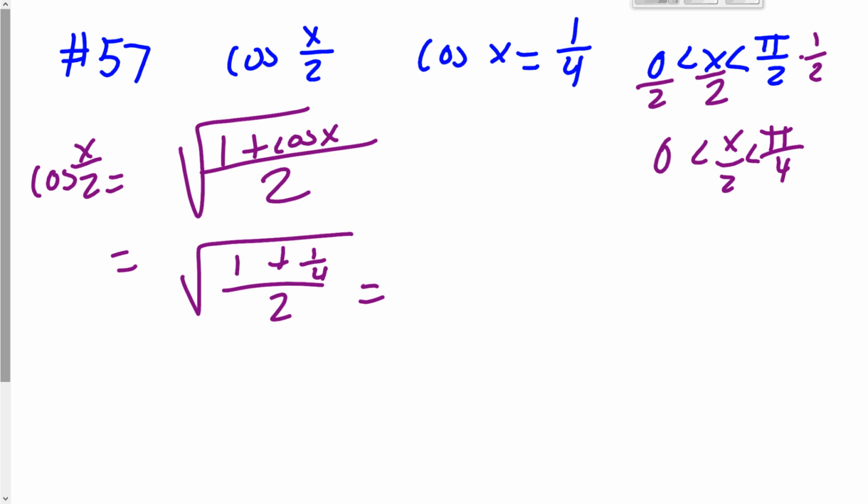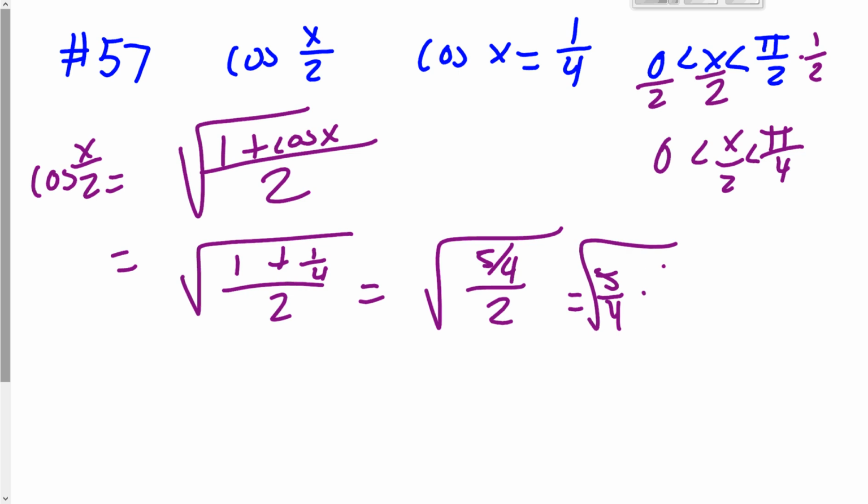Adding 1 plus 1/4 is 1 and 1/4, which is 1.25, or in fraction form, 5/4. So 5/4 divided by 2, which is multiplying by 1/2, is 5/8.